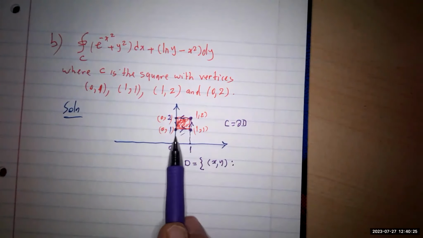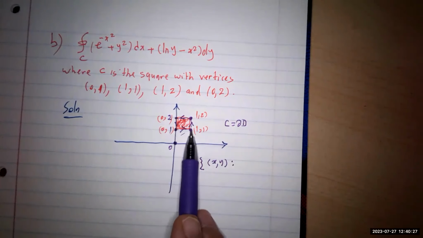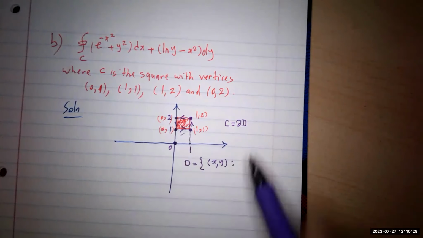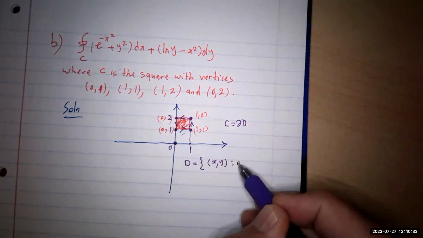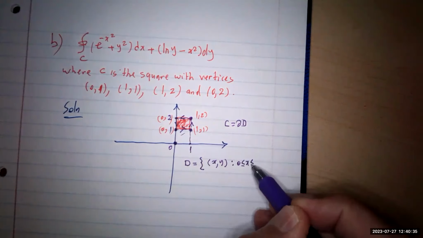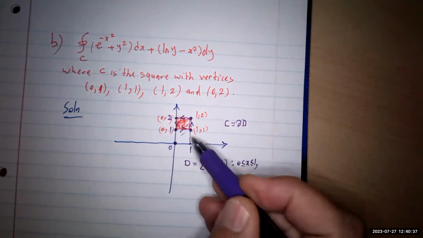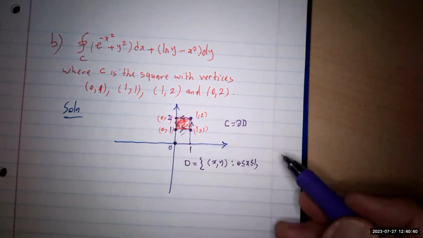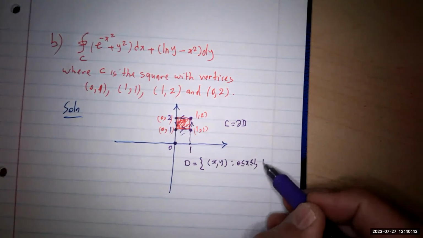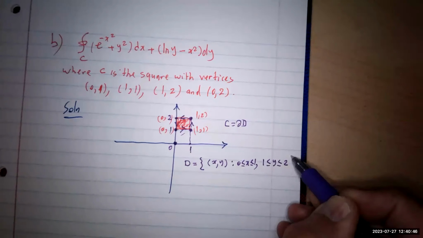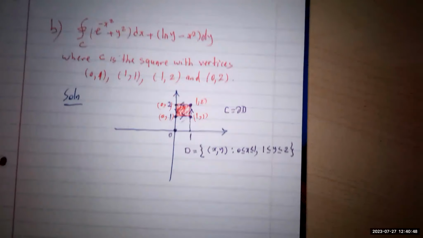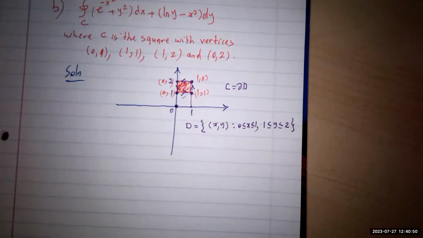Your x is going to be between 0 and 1. And your y is going to be between 1 and 2. So that gives you an idea, when you want to find it, to get this result.